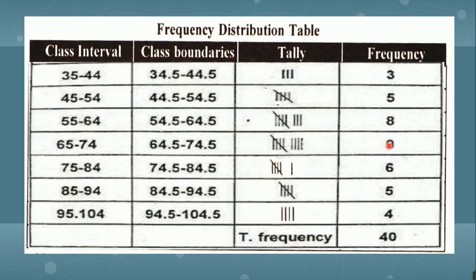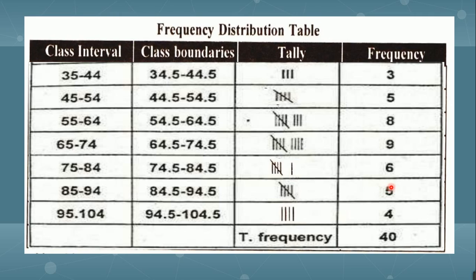For 9, draw 4 vertical lines and cut them with a 5th line in this way. Total number is 9, so draw 4 vertical lines separately. Now 6: 4 vertical lines intersected with a 5th line and 1 vertical line separately.